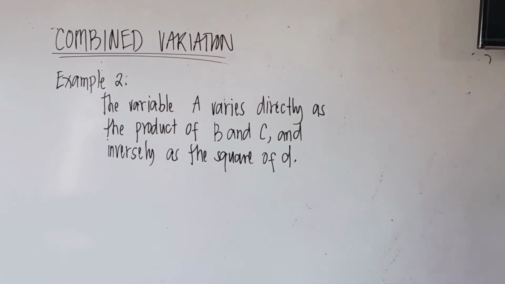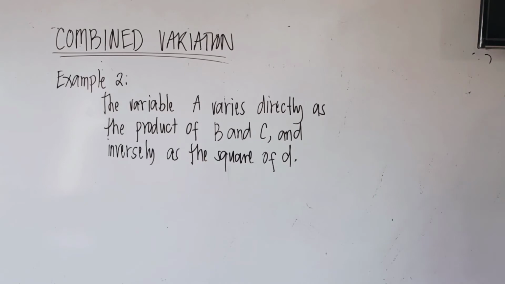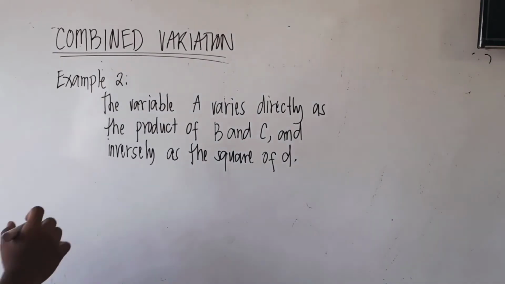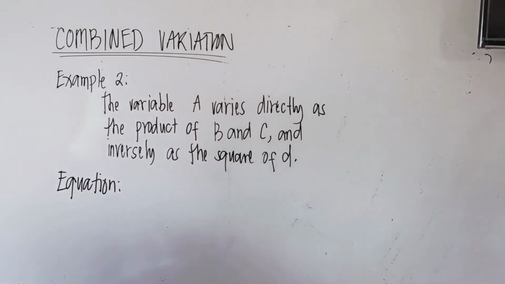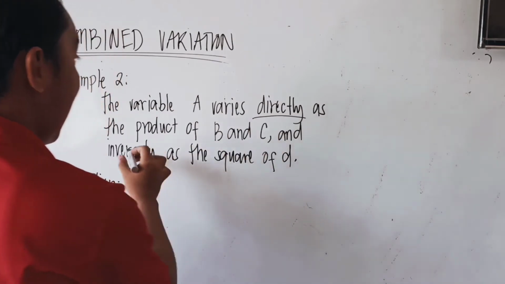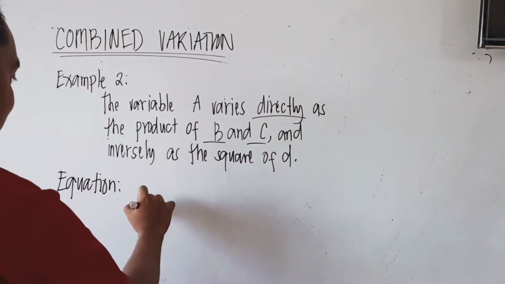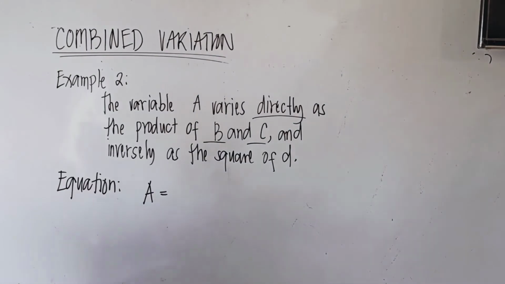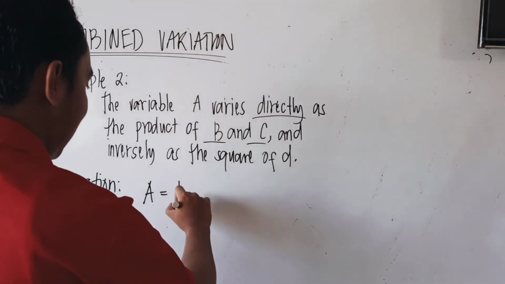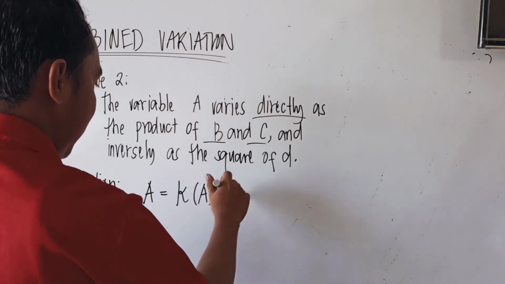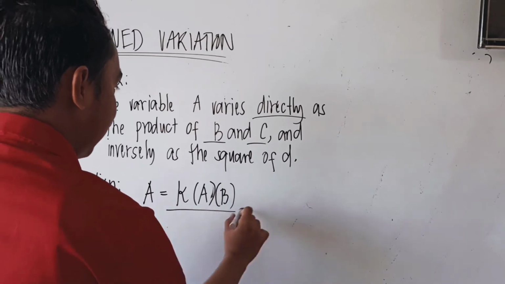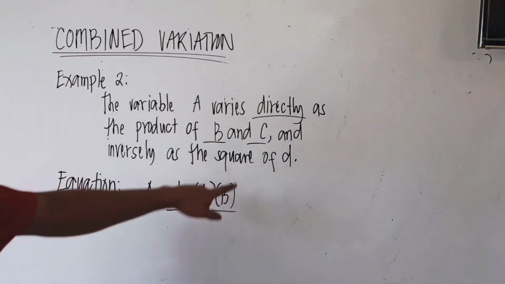So next example, the variable a varies directly as the product of b and c and inversely as the square of d. So again, gagawin po natin yan ng equation. A varies directly as the product of b and c. So that is a equals, again, k times b times c, inversely as the square of d.